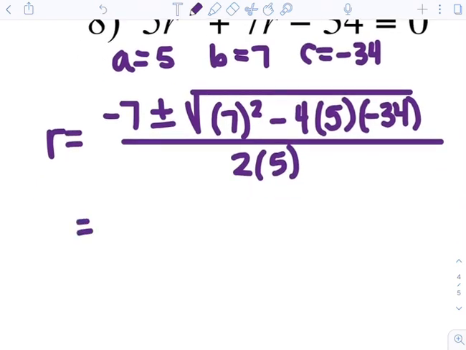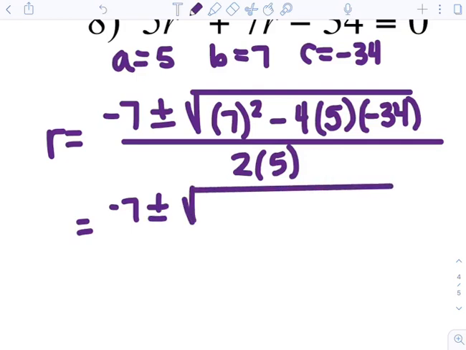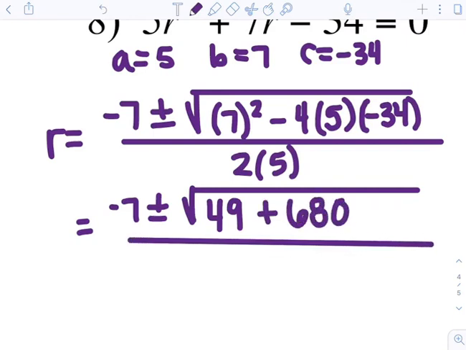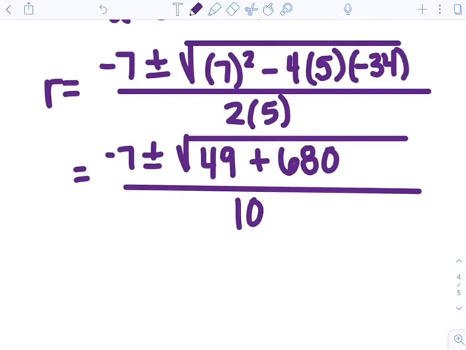Okay, let's use our calculators to calculate this out. So negative 7 plus or minus the square root. So 7 squared, that's 49. And then in my calculator, I'm going to type negative 4 times 5 times 34. I get positive 680, all over 2 times 5, which is 10.